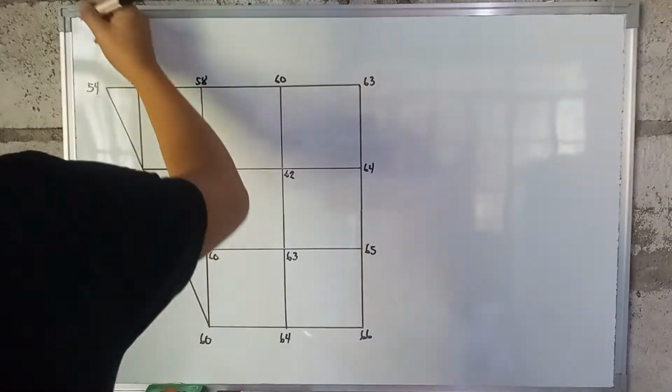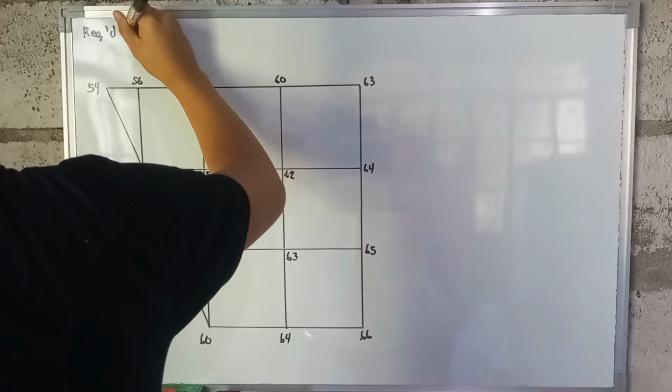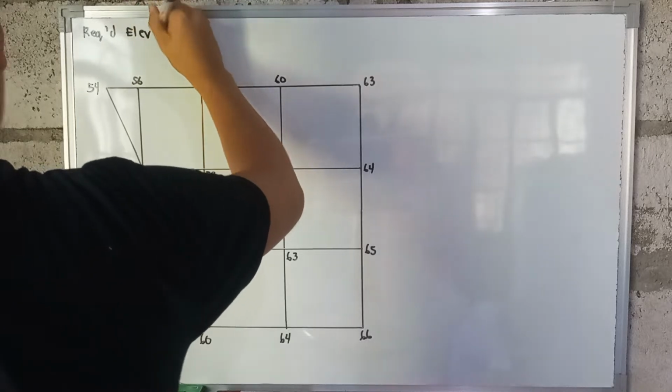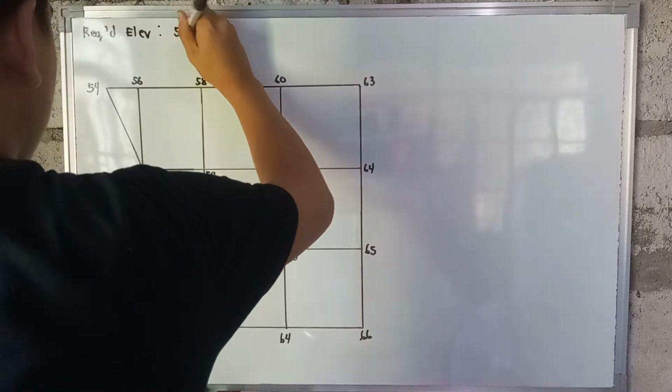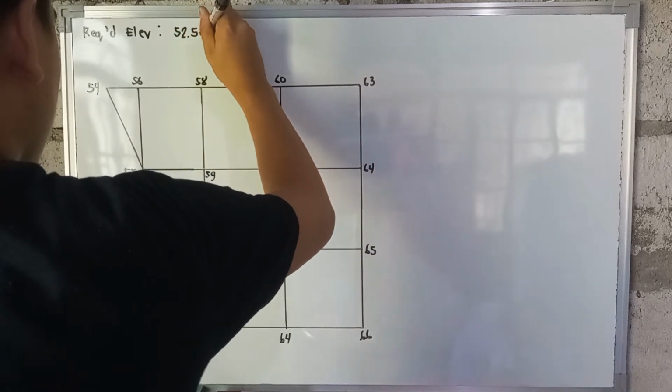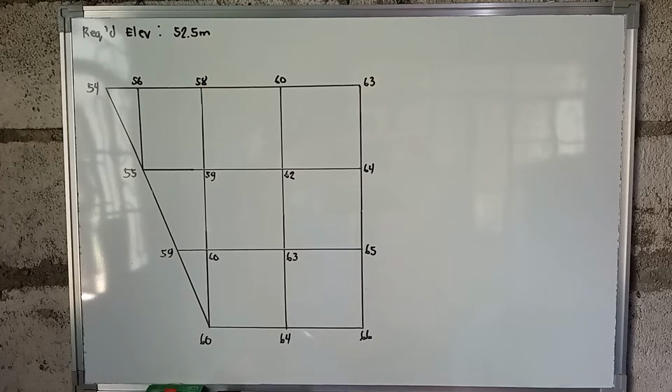So, the required elevation in our problem is ilan? 52.5 meters. And to be used as barrow pit, the elevation at each grade intersection is indicated in meter. Determine the volume of excavated in cubic meters using unit area method.